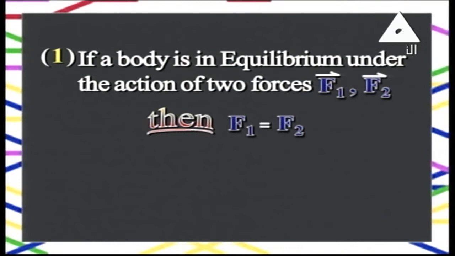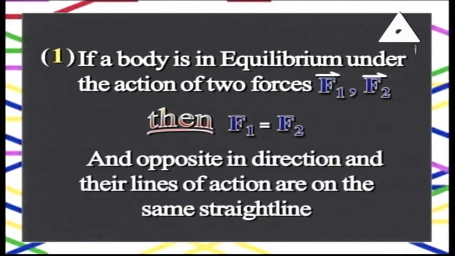Two forces act on the body, equal in magnitude, opposite in direction, with lines of action on the same straight line. We must say the body is in equilibrium. Then the body is in equilibrium under the action of two forces F1, F2. We deduce that F1 equals F2 and they are opposite in direction, and their lines of action are on the same straight line.